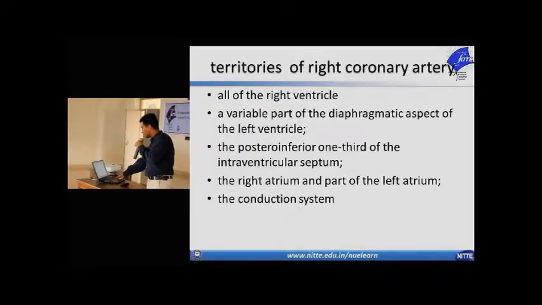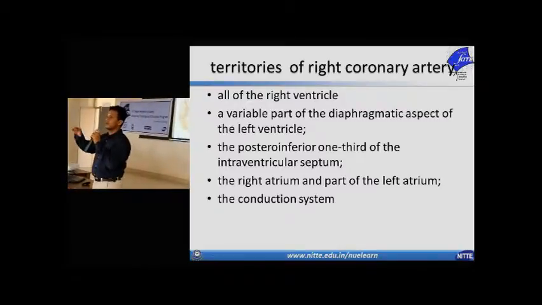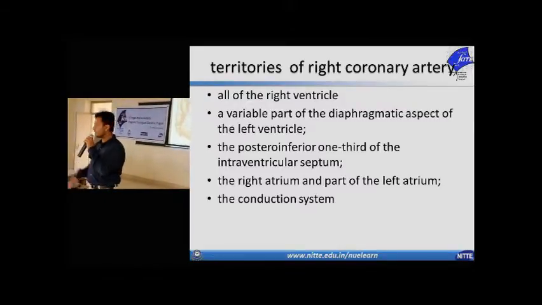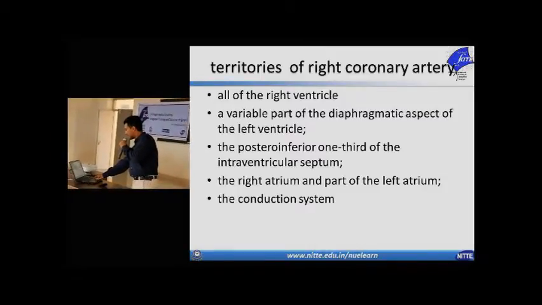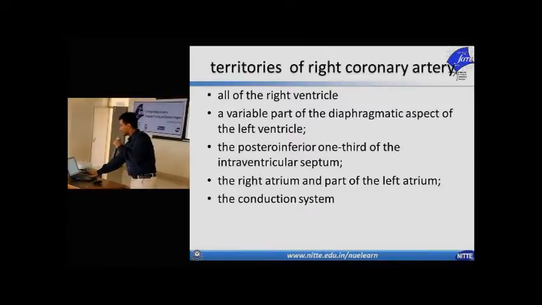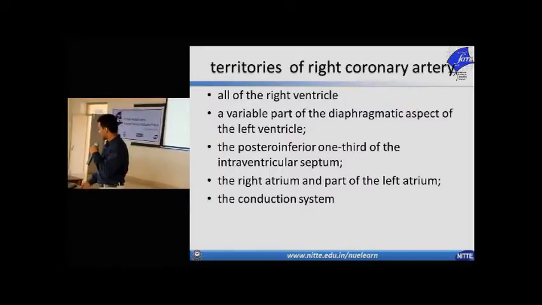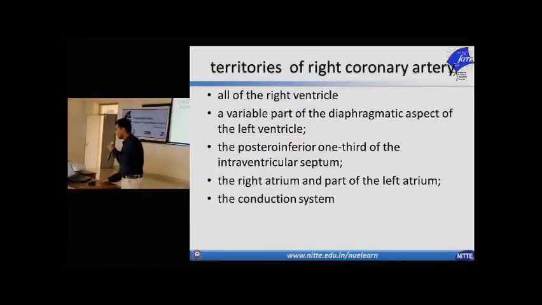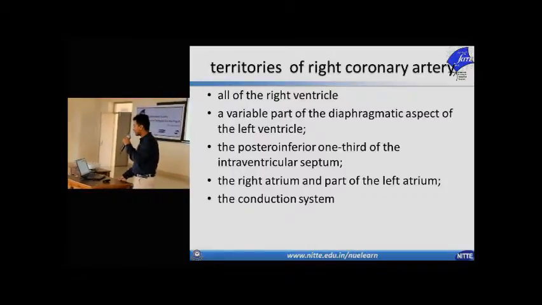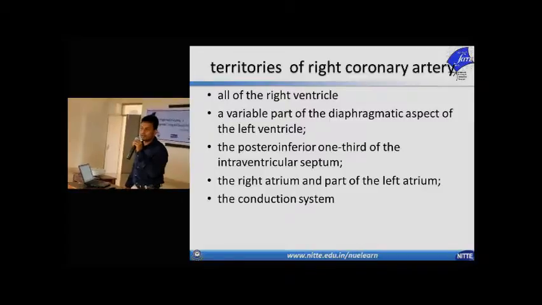So coming to the territories, these are the arteries and the branches which supply the ventricles and the auricles. Now what are the territories of the heart which are supplied by the right and left coronary arteries? The right coronary artery in general supplies all of the right ventricle through ventricular rami, and a variable part of the diaphragmatic aspect of the left ventricle when it is in the posterior interventricular sulcus.